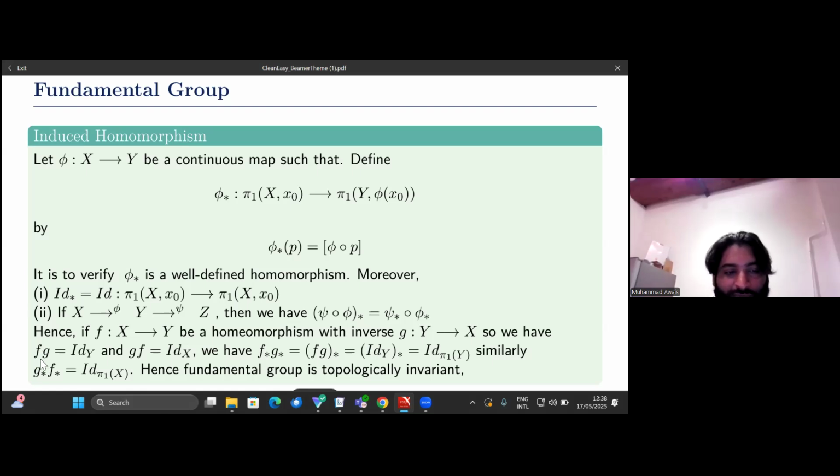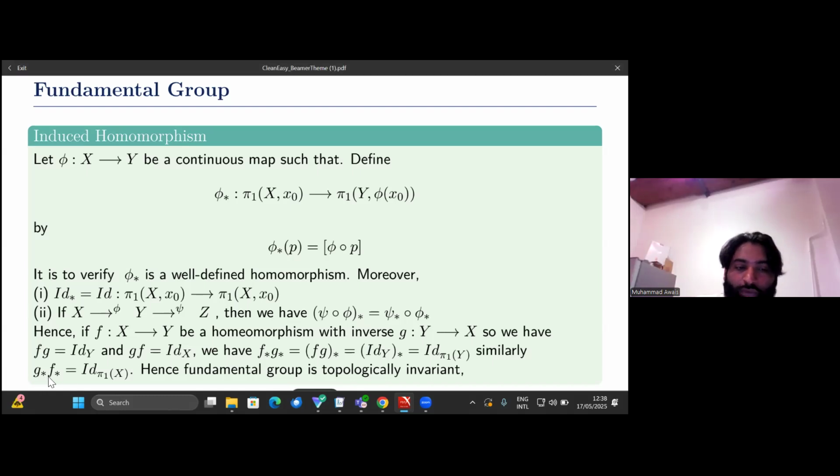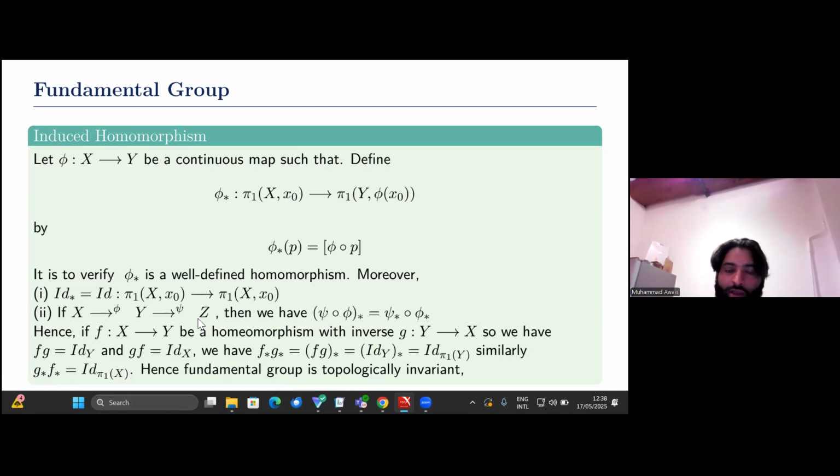When you consider f composed with g, you get the identity by the definition of homeomorphism, and g composed with f also gives the identity. By the second property, f star composed with g star equals fg star, but fg is the identity of Y, so you get the identity push forward. With the first property, you get the identity at the level of the fundamental group, and similarly with g star composed with f star.